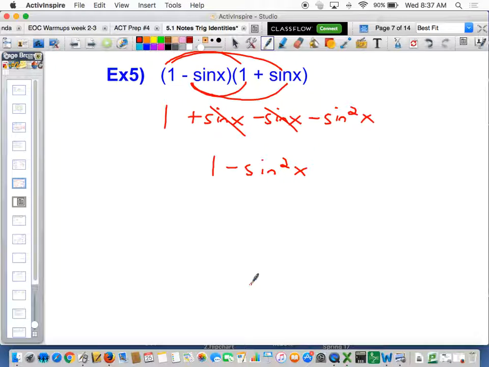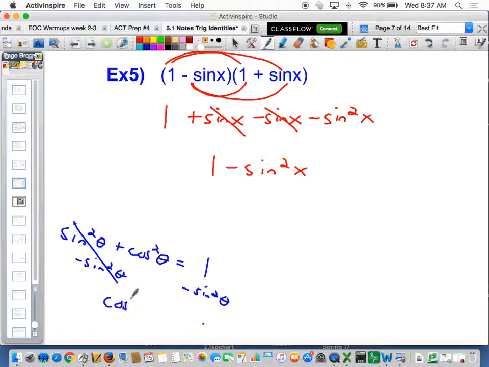And again, go back to our properties. We have a property on our list there that says sine squared plus cosine squared is equal to 1. That's our property. I can rearrange this though. I can move the sine squared to the other side. So I would have cosine squared is equal to 1 minus sine squared.